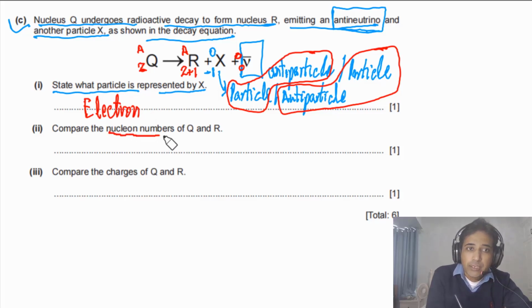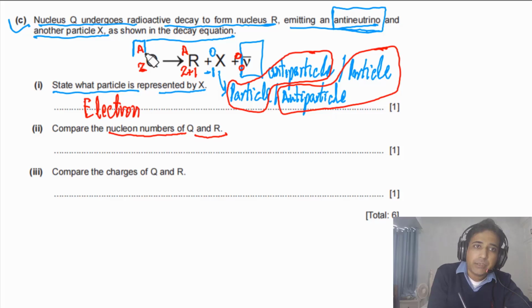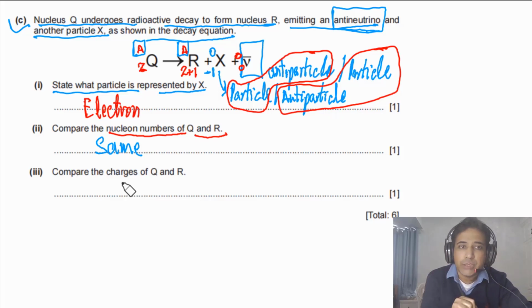Compare the nucleon numbers of Q and R. So this is representing the nucleon number A here. So this is also A here. It means they have the same, or equal, nucleon number.